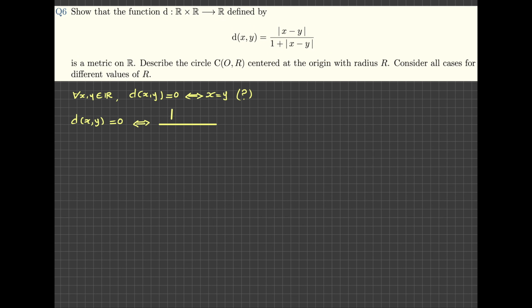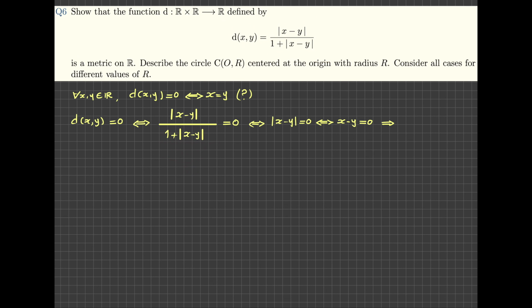So this is if and only if the numerator is equal to 0, but the absolute value of a number is 0 if and only if the number itself is equal to 0, and this happens if and only if x is equal to y. So we are done.